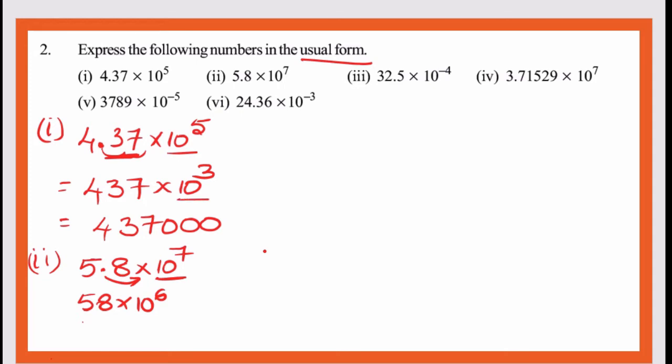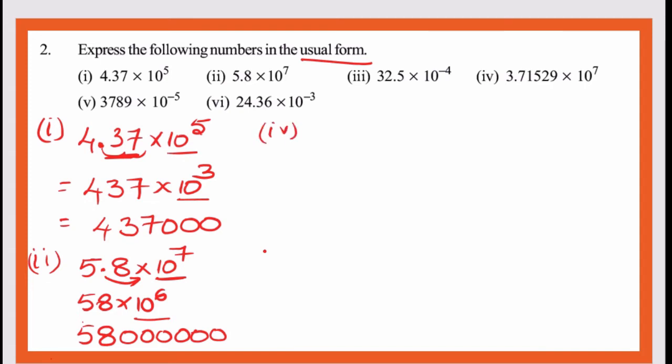Here, since after the decimal point we have only one decimal, to remove that decimal point we have 58 into 10 power 6. 10 power 6 means I am going to get 6 zeros. So this answer is nothing but 58000000.